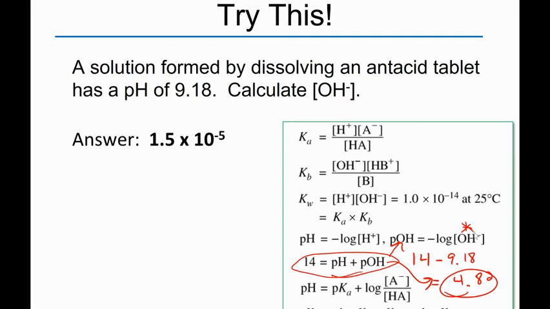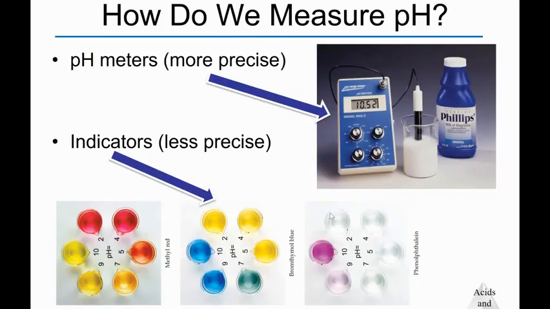So take a minute, see if you can figure that out. But there's also some other ways that you can calculate the concentration of hydroxide ion. And one of them is by using this as well. So there's a lot of different ways. Figure out what works for you, and let me know if you can't get that answer.